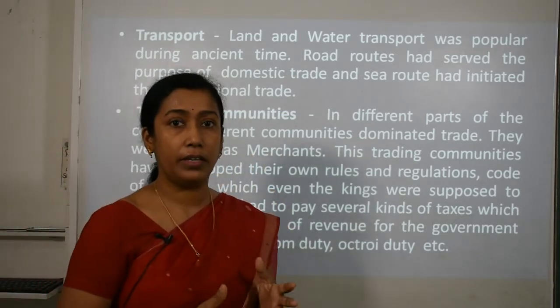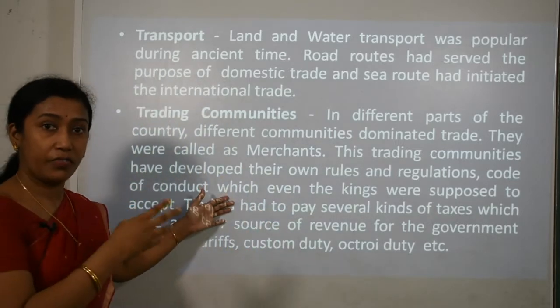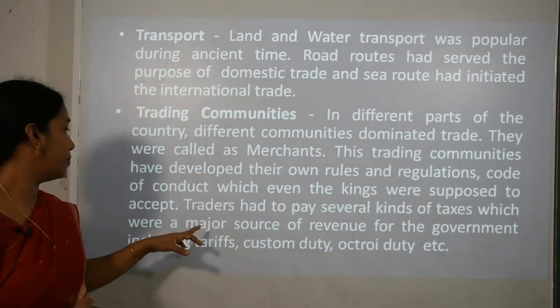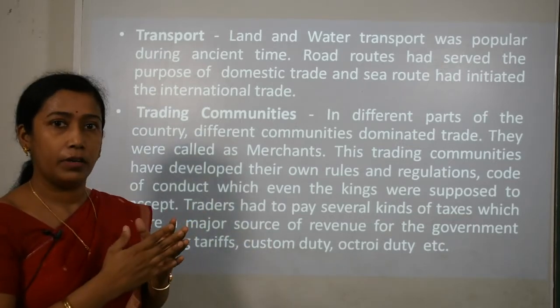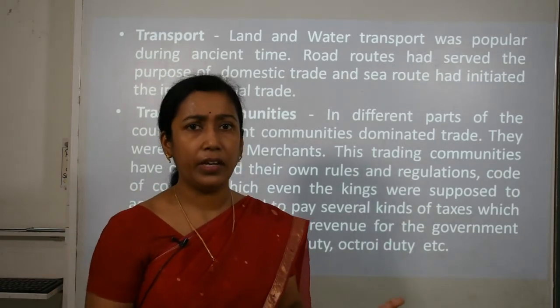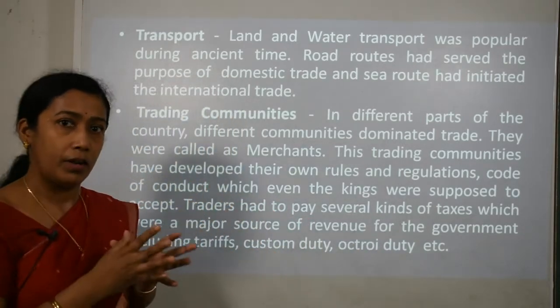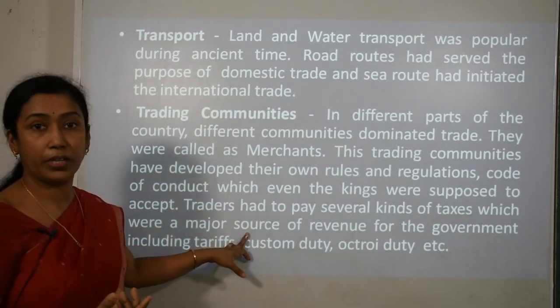At that time kings ruled, and they used to accept all the rules and regulations framed by these trading communities. The traders had to pay several kinds of taxes: tariff tax, octroi duty, customs duty, various kinds of taxes levied on them, and they were a major source of revenue for the government.